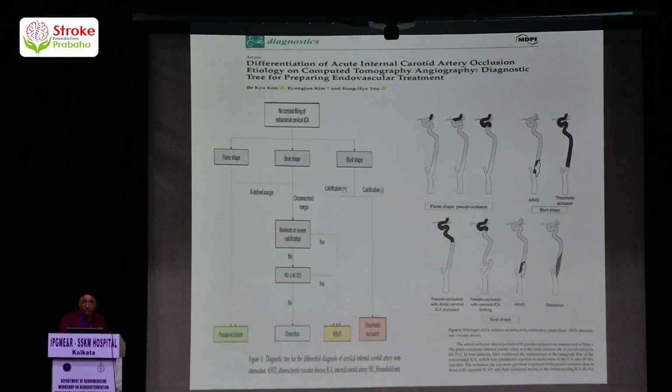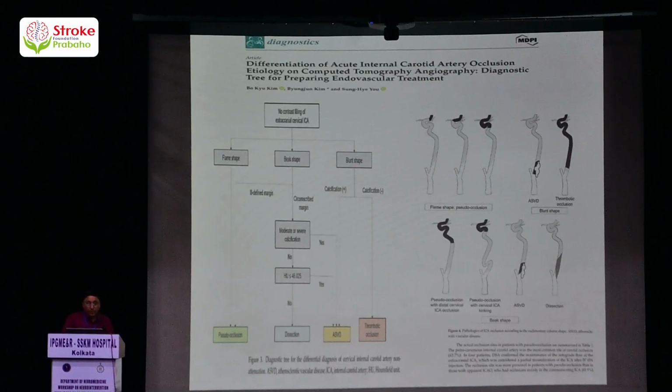That is called the flame sign, and it basically indicates pseudo occlusion. Pseudo occlusion means it looks as if the occlusion is here, but really the occlusion is distal. So if you see a flame sign on CT angio, it is suggestive of pseudo occlusion rather than a true tandem lesion.